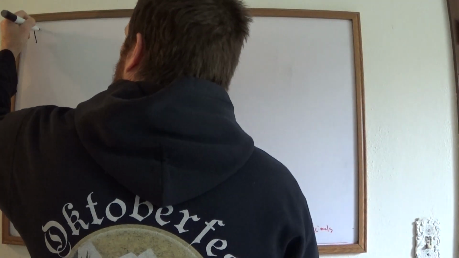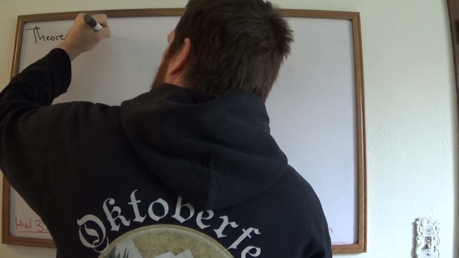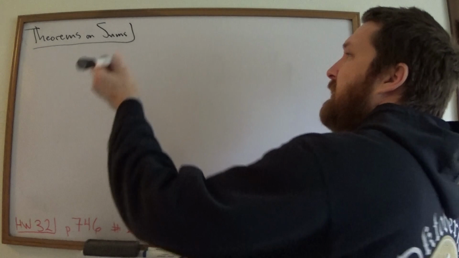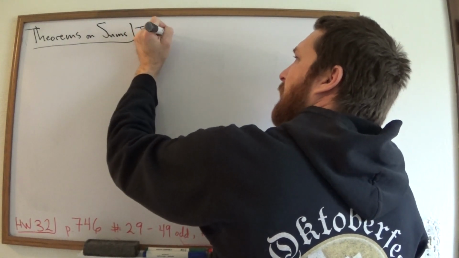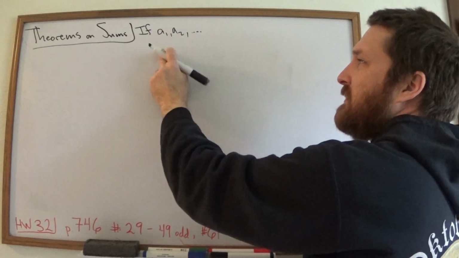Okay, a couple more things to cover here. More theorems on sums. Now, for each of these, we're going to suppose that if A1, A2, and so forth, right? So obviously that's a sequence.